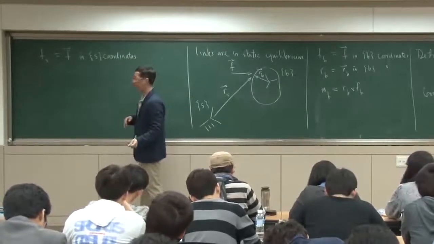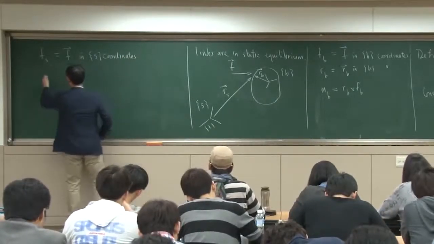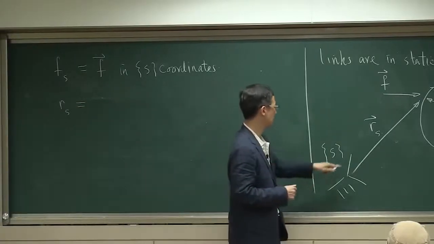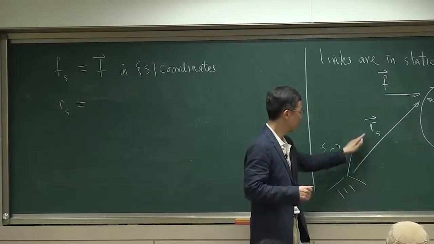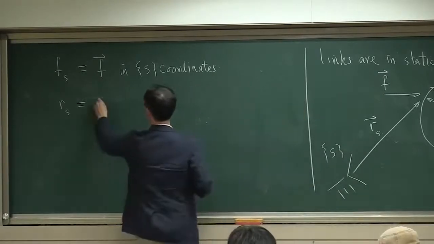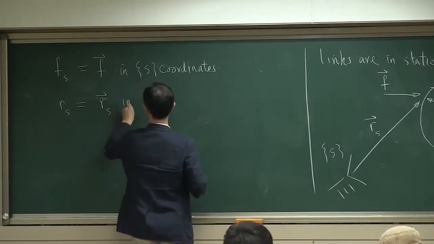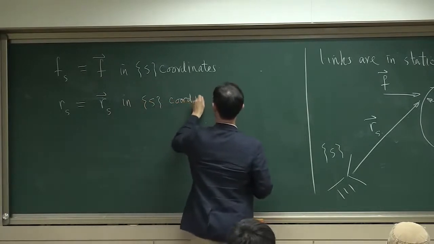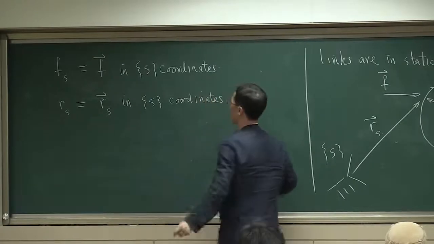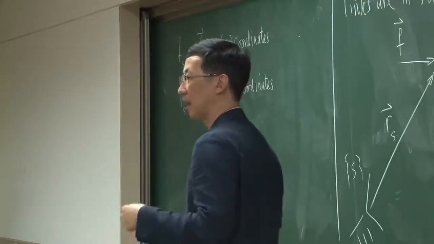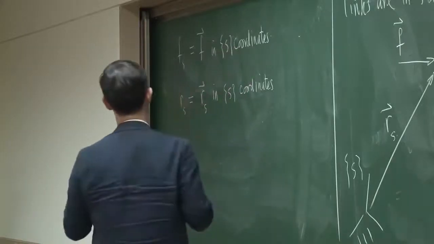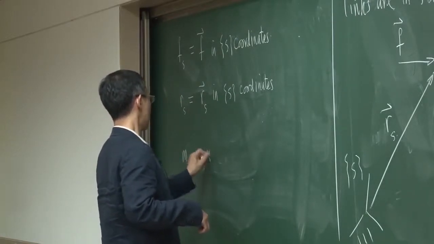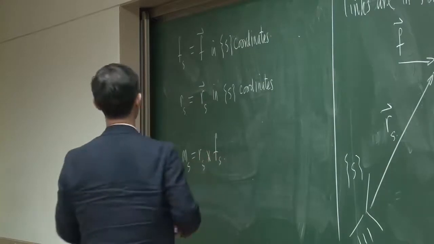And r sub s is now this vector r sub s, expressed in, and you guessed it, s-frame coordinates. And then m sub s, the moment, is going to be r s cross f sub s.